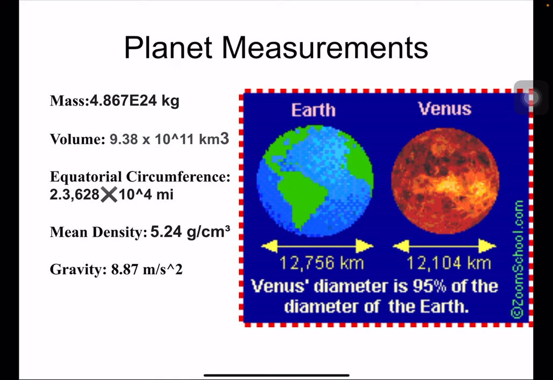Well, this page talked about Venus measurements, including mass, volume, the equatorial circumference, and the mean density about 5.24 grams per cubic centimeter, and gravity of about 8.87 meters per second squared. From that picture we can see the volume of Venus is smaller than Earth.